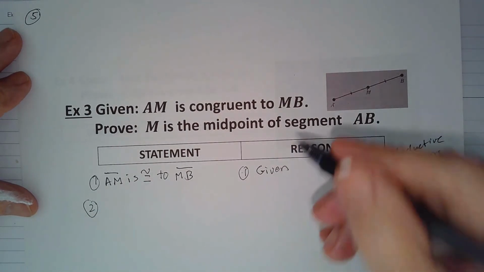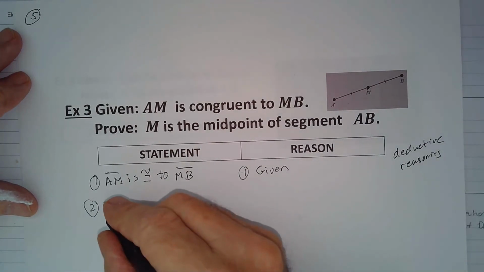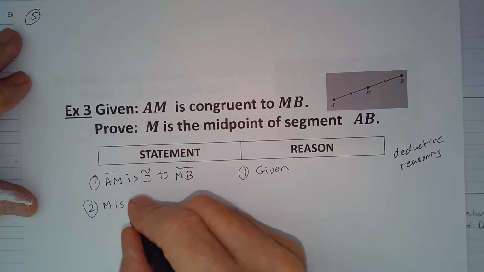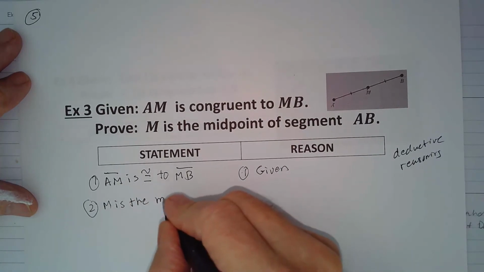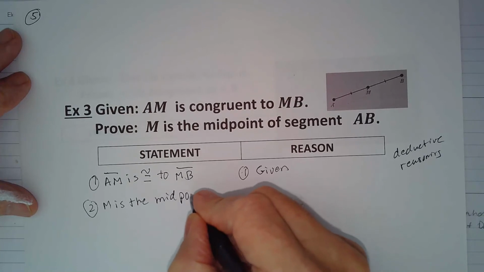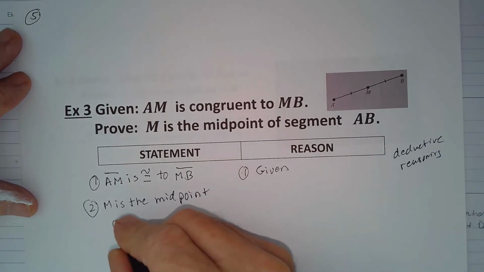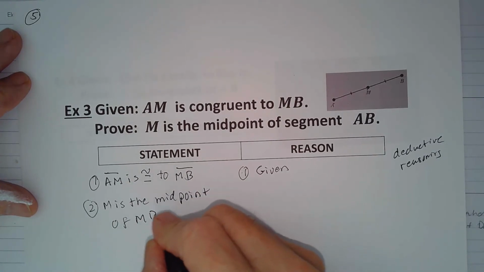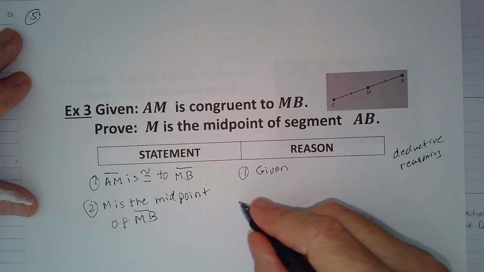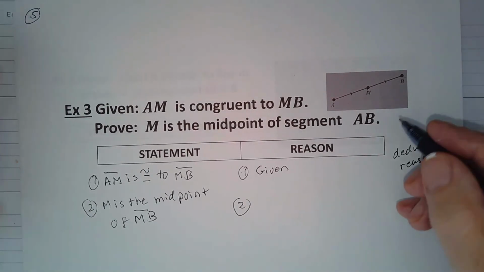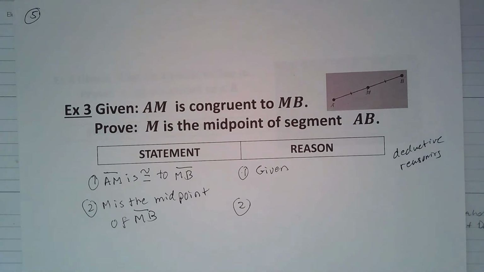And therefore, M is the midpoint of AB. And what's the reason? Well, again, it's the definition of congruent segments.